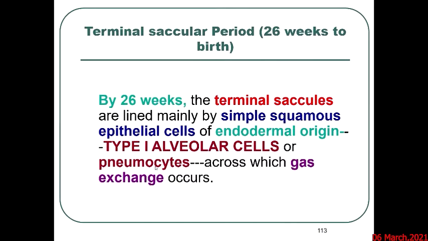By 26 weeks, the terminal saccules are lined mainly by simple squamous epithelium of endodermal origin, type 1 alveolar cells, or type 1 pneumocytes, across which gas exchange occurs. So we know that the alveoli are lined by simple squamous epithelium, the type 1 pneumocytes, and through these, gaseous exchange occurs.